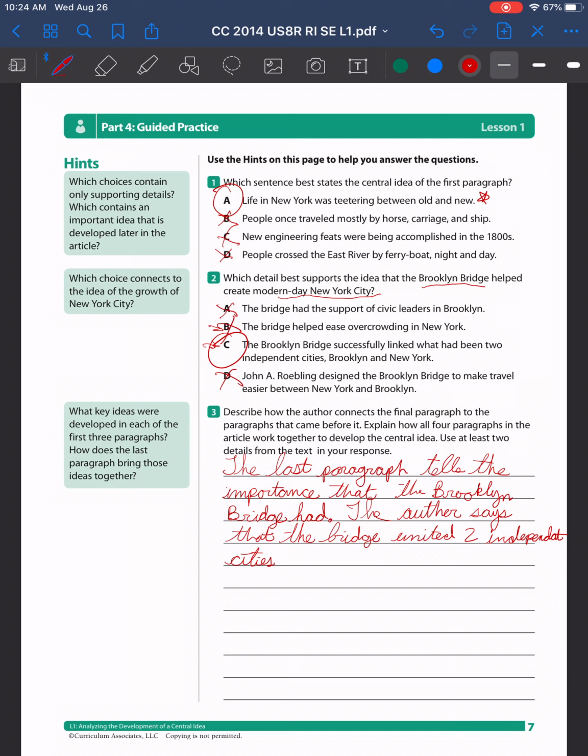I'm going to give a quote that said, "An expanding metropolis emerged." That's my other detail. Okay, the last paragraph also says that the Brooklyn Bridge created the modern city of New York. That'll be my other supporting detail.